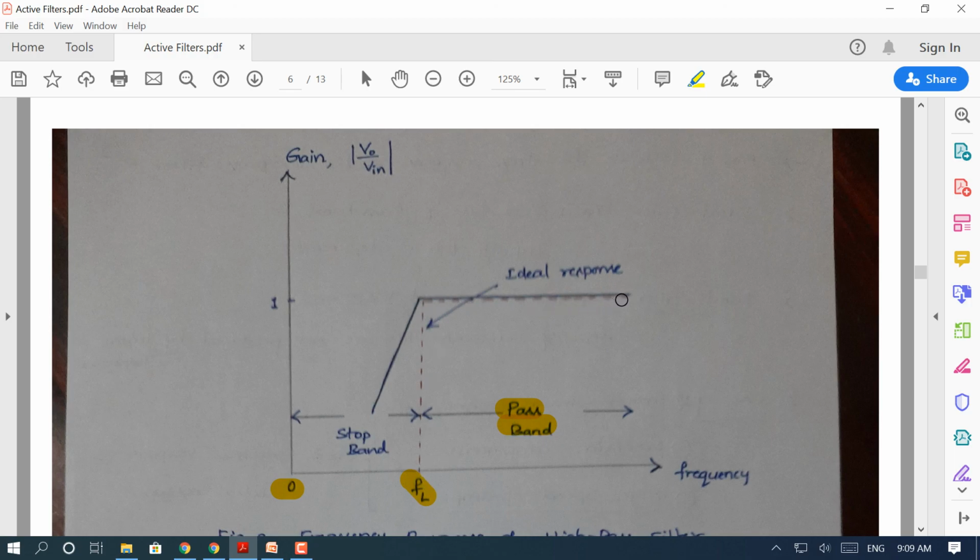We expect the high pass filter to behave in the way shown by the dotted lines. But practically, our high pass filter behaves in the form of the solid line shown here. So this is the frequency response of a high pass filter. A plot of frequency versus gain is called the frequency response.